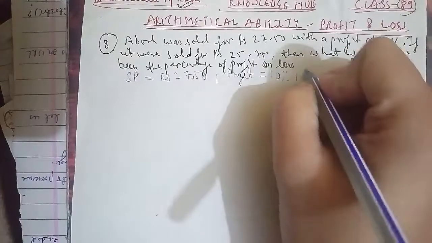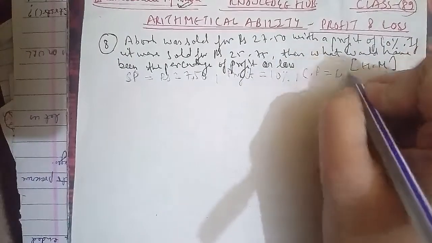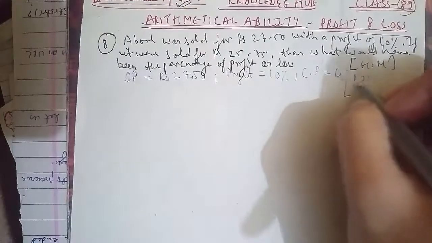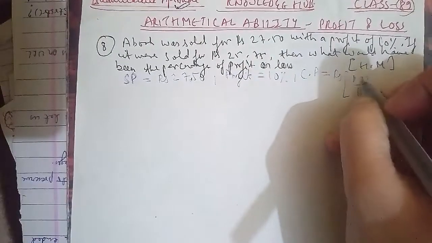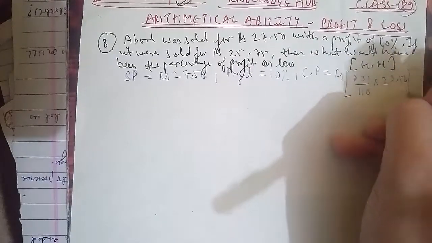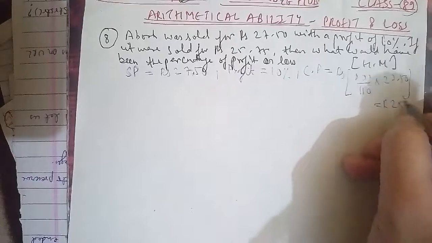So CP equals rupees 100 upon 110 into 27.50, which equals 25 rupees.